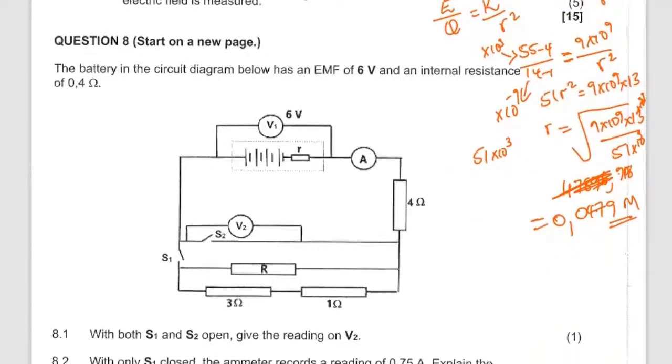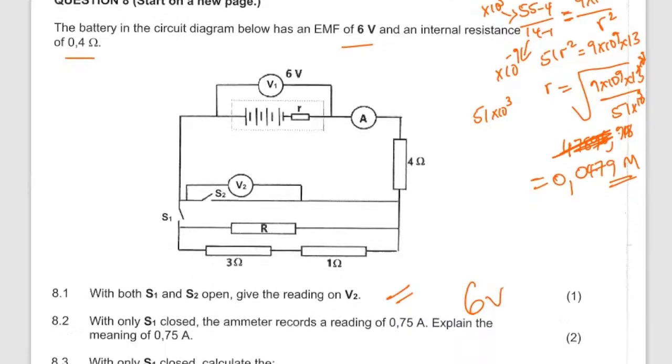Then question 8, a battery in the circuit below has an EMF of 6 and internal resistance. With S1 and S2 open, can we give the reading on V2? Where is V2? This is V2. So V2 is connecting the EMF, which has to be 6 volts.